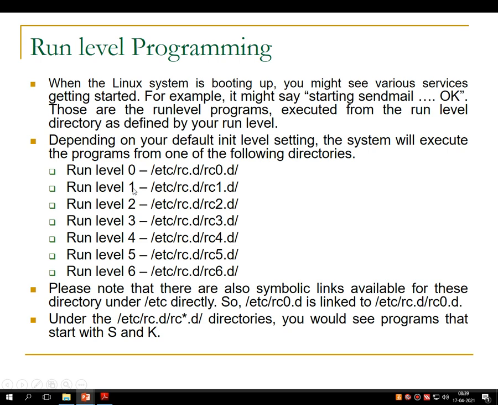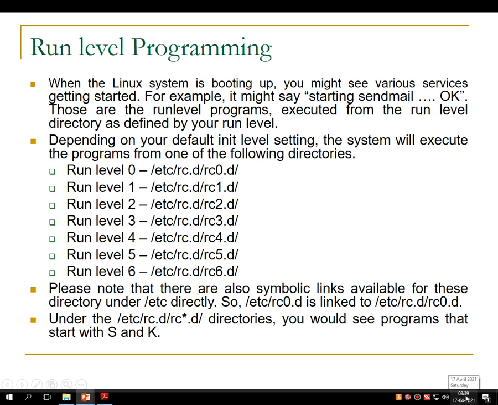In run level programming, the taskbar automatically sets the number of processes which are going to be executed in parallel whenever you start the operating system. Over here you can see the processes which get started automatically whenever I start my computer system.